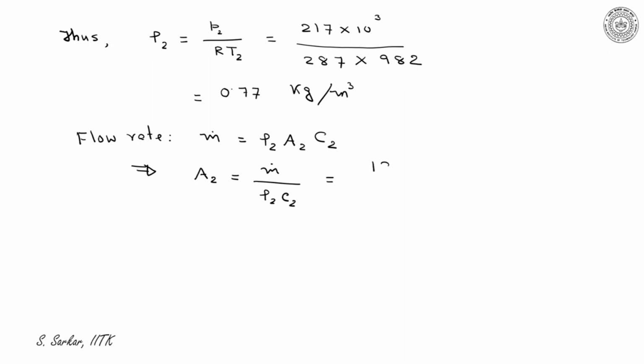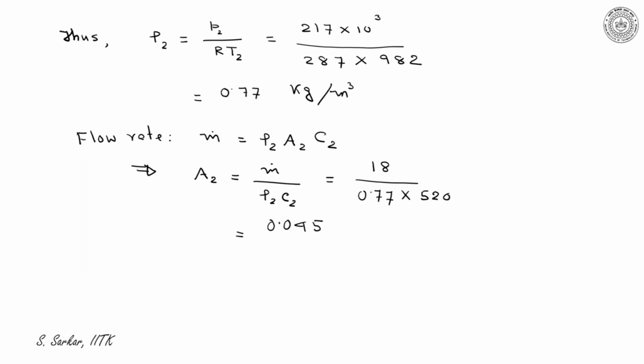M dot is given as 18 kg per second. So this is 18. Rho 2 I have evaluated as 0.77. C2 I have evaluated as 520 meter per second. So if you calculate this, you will get 0.045.